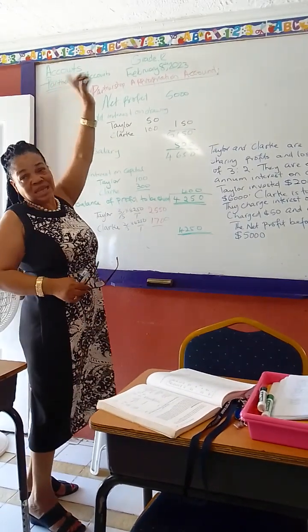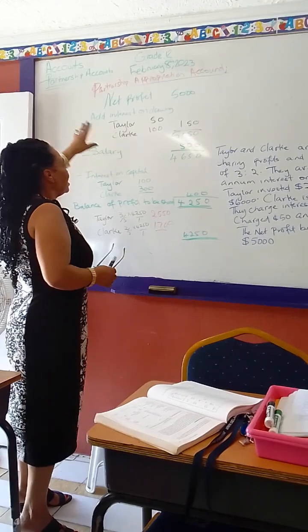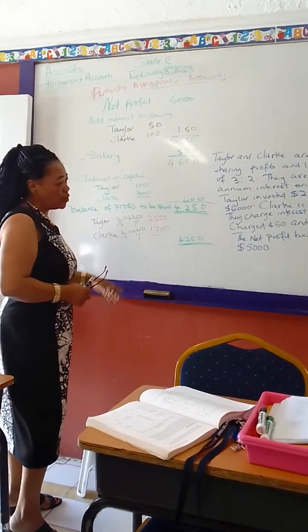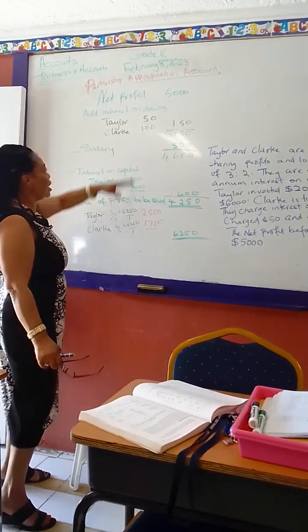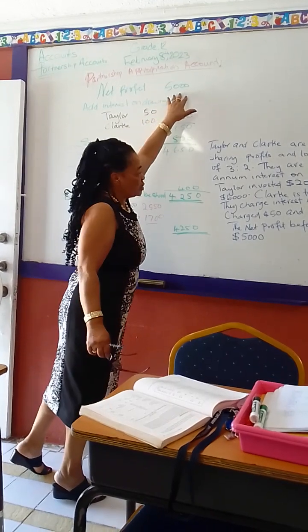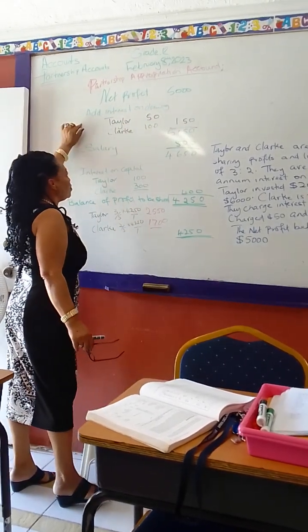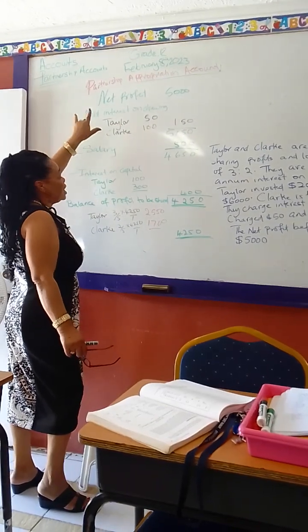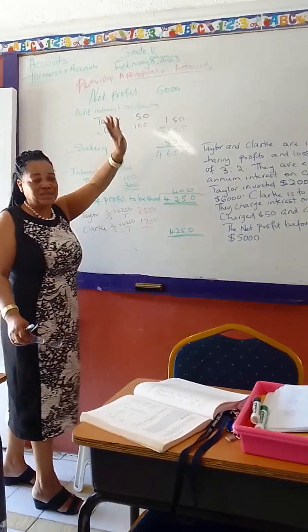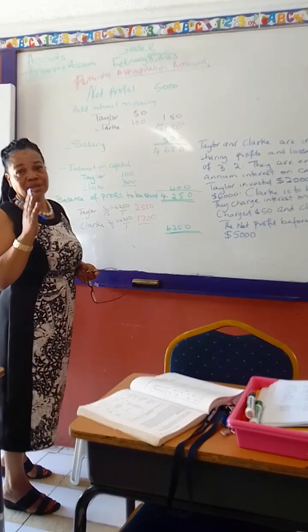And it is a procedure that we follow. I take the net profit, which was $5,000. From net profit, I am going to add interest on drawings. We simply have to remember this basic principle, guys.